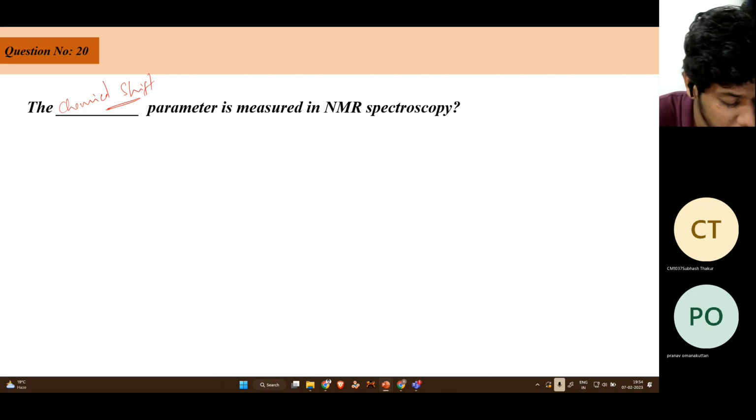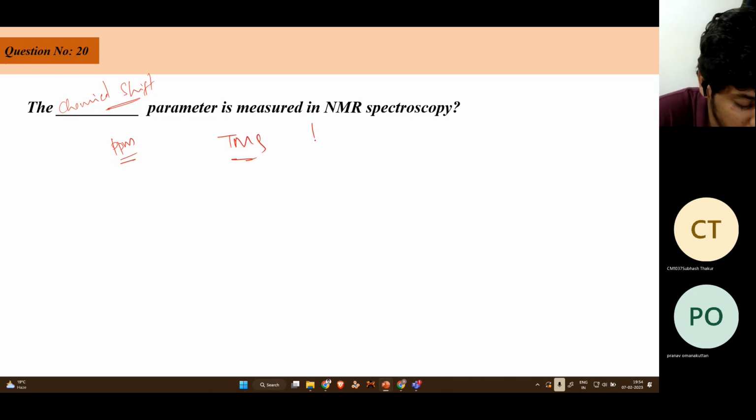This chemical shift is expressed in terms of parts per million, ppm, and it measures the magnetic field experienced by the nucleus relative to a reference compound. In NMR spectroscopy we use TMS, which stands for tetramethylsilane, which is a compound.